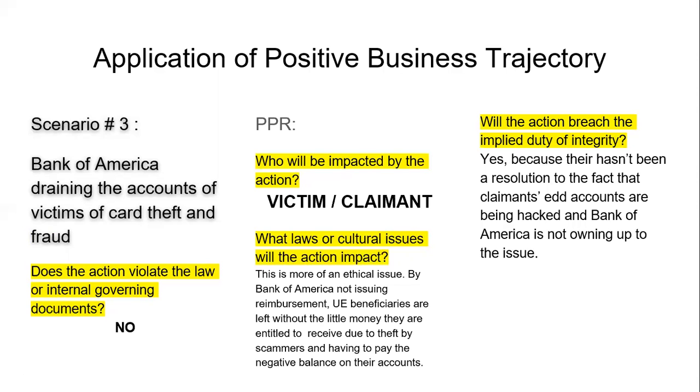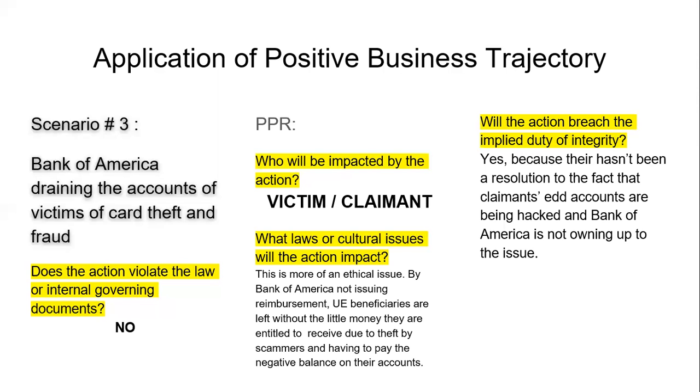There's more of an ethical issue here. By Bank of America not issuing reimbursement, unemployment beneficiaries are left without the little money they are entitled to receive due to the theft by scammers and are having to pay the negative balance on their accounts as a result of Bank of America retracting on the reimbursements.